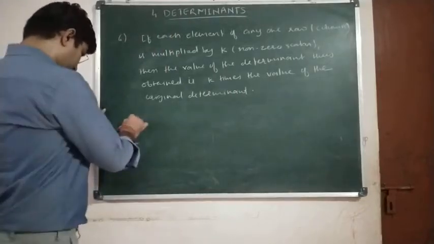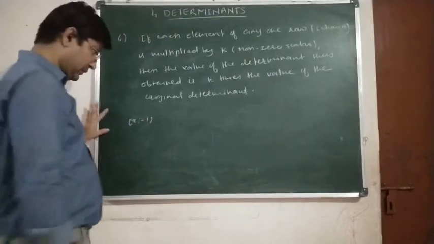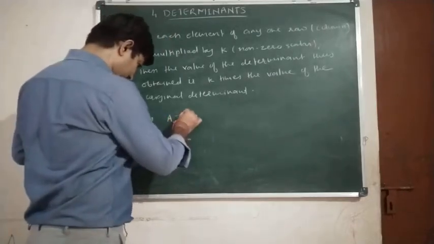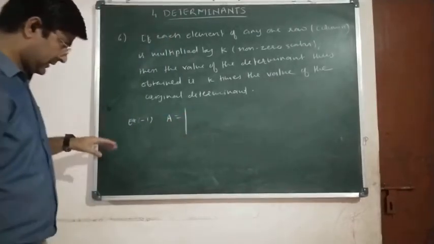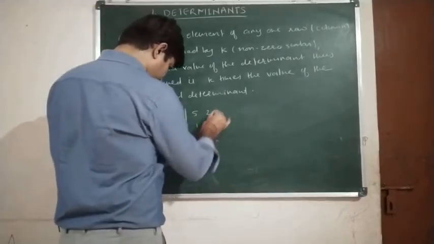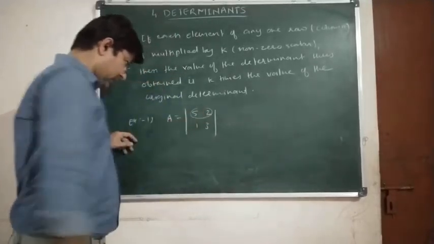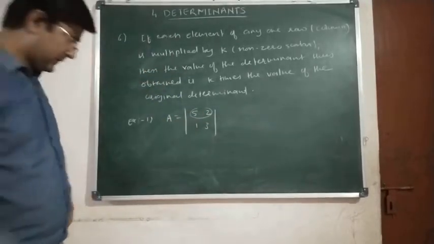Okay, let us try to understand with the help of one example. Here I will take a 2 by 2 determinant. Let us take a determinant A equal to |5 2; 1 3|. Now we will multiply each element of the first row by 3.